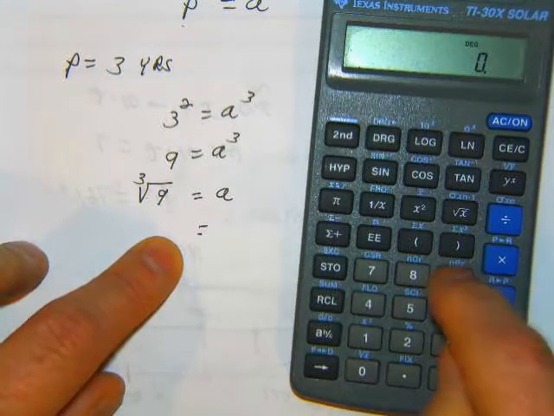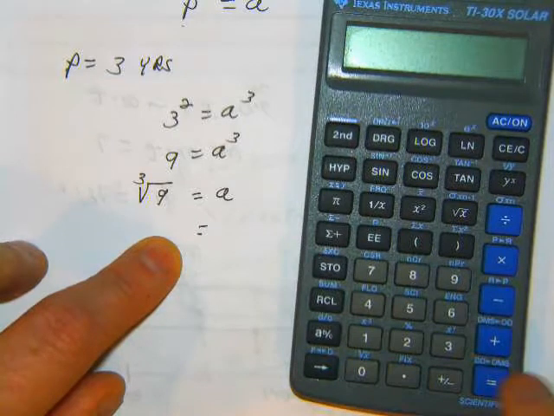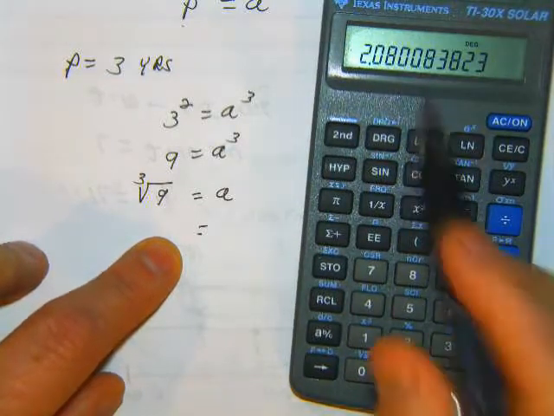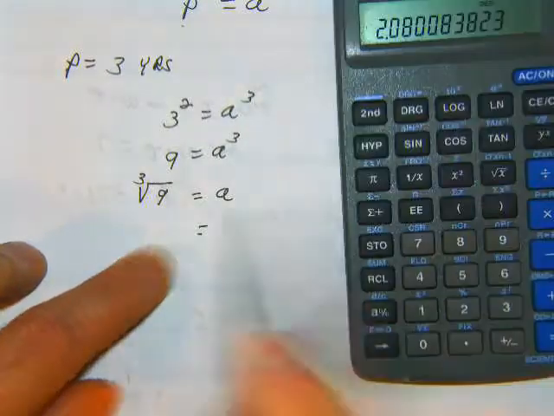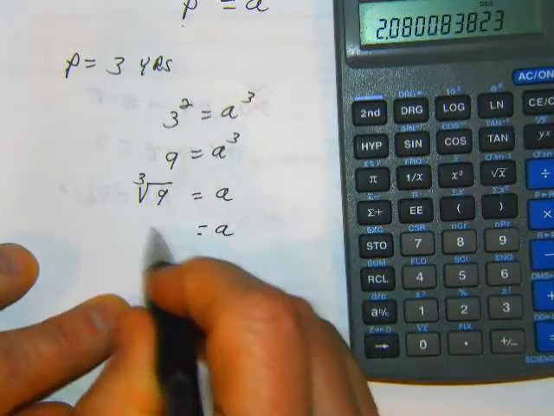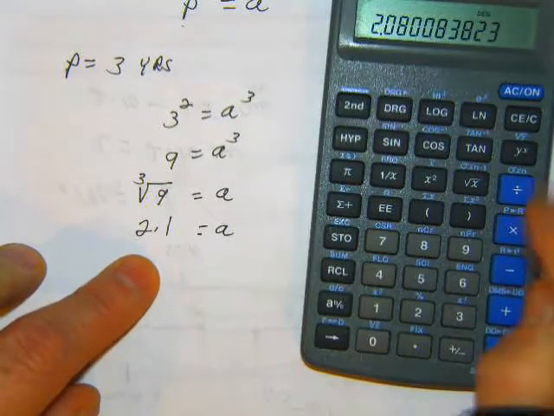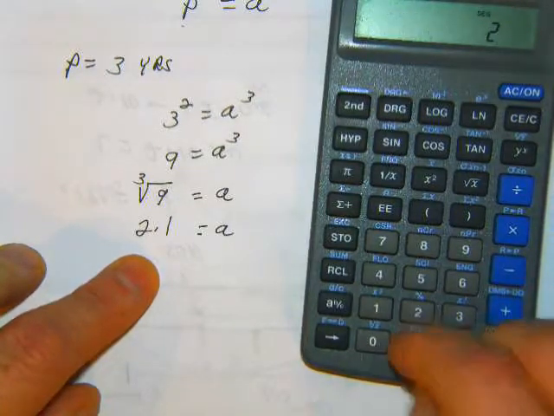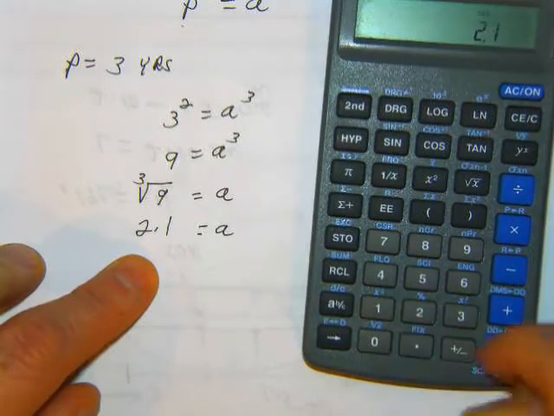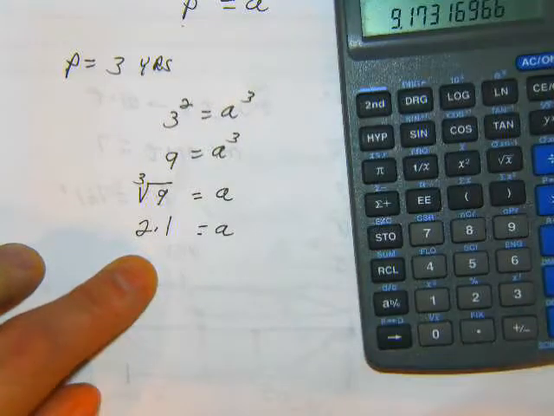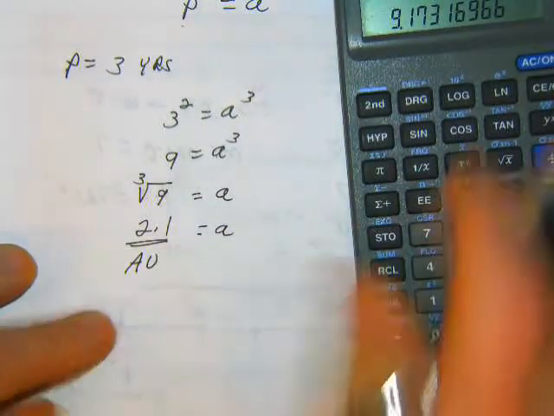So I can go 9, second, cube root, equals, and there it is, about 2.1. So A would equal 2.1. Pretty easy to check that: 2.1 times 2.1 times 2.1, I'm pretty close. And again, this would be in AUs.